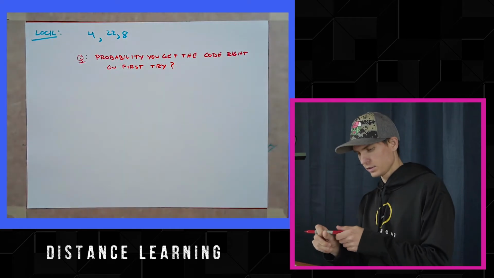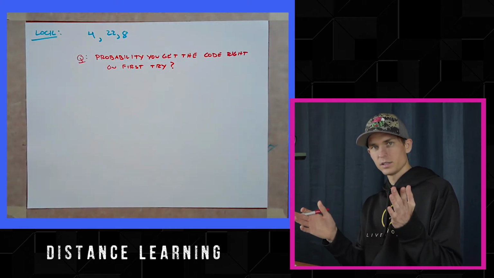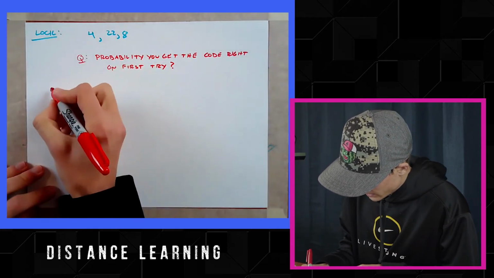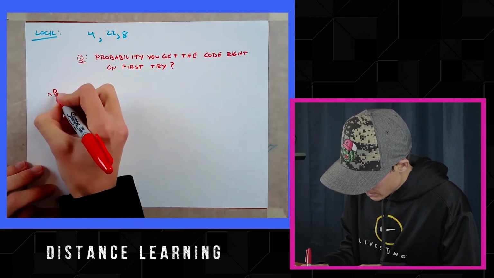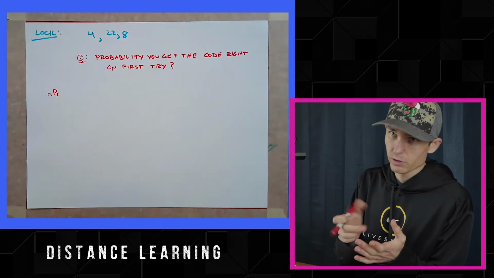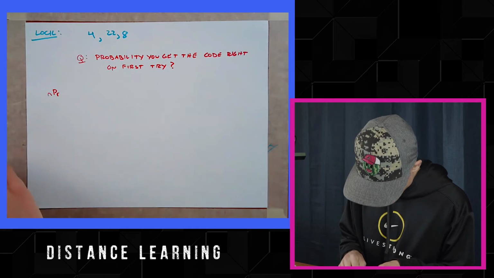Right? Well, let's see. This is where it's a little tricky. Okay, so remember my NPR thing, right? Order matters, obviously. If you don't do the code in the right order, it ain't gonna open, right?